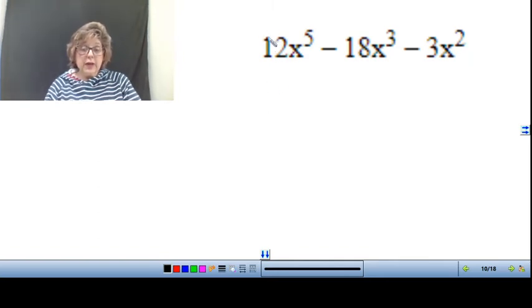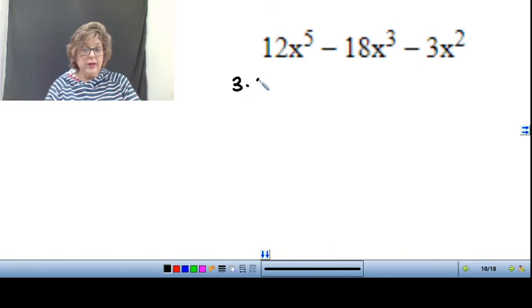So the first thing I'm going to do is break this down to what we call primes. 12 is the same thing as 3 times 4, and 4 is 2 times 2. So 3 times 2 times 2, and I have 5 x's. Minus.